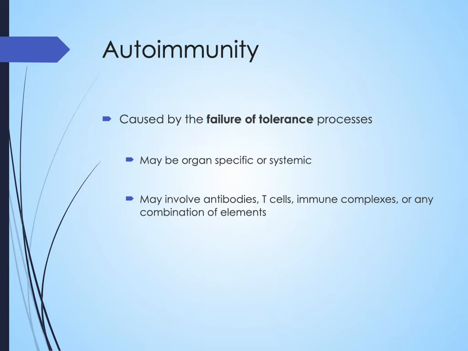Now, autoimmunity includes a number of different diseases and disorders, and they can be organ specific or they could be systemic. A lot of that depends upon what the antibodies recognize, if there's antibodies, what the T cells recognize, what immune complexes that are formed recognize.